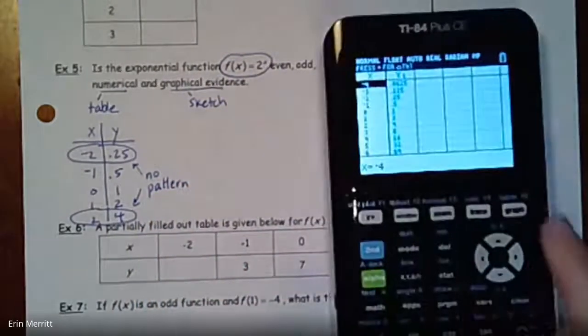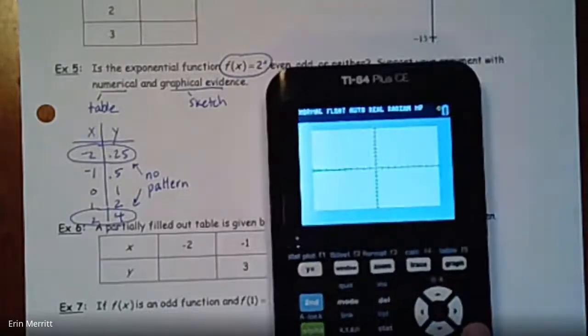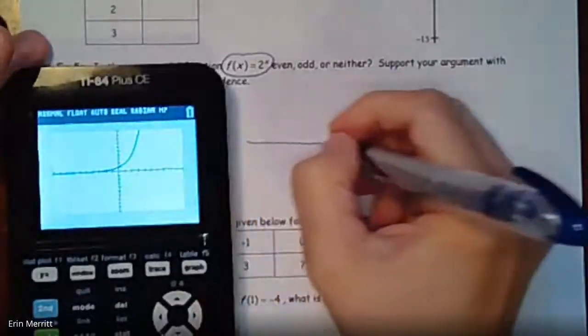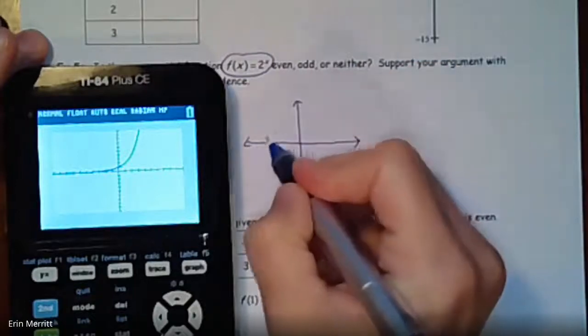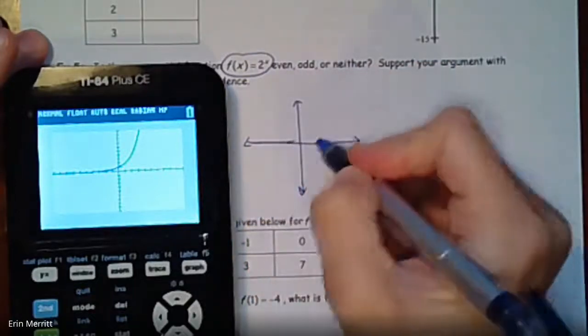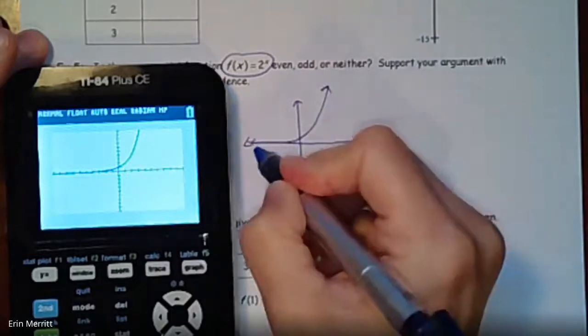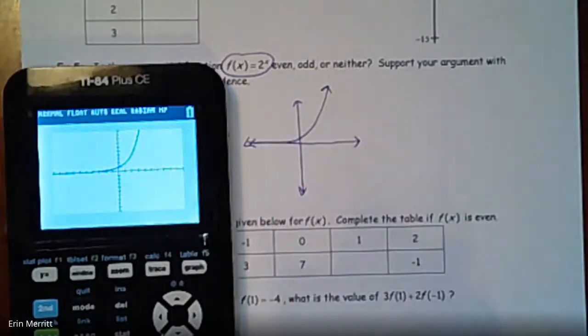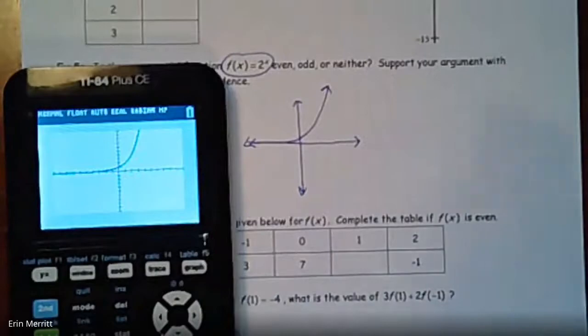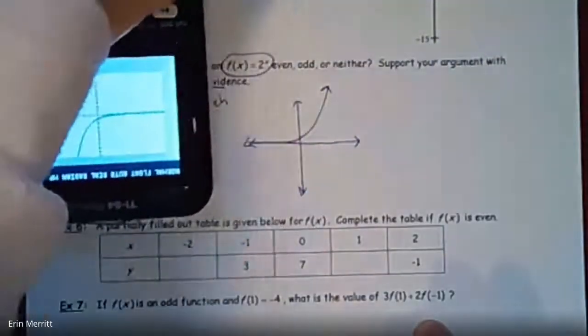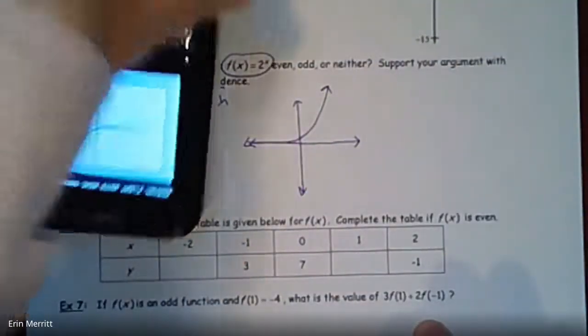If we look at it graphically, so I can hit graph so I can take a look at this guy. Our exponential function. We've talked a tiny bit about these, and I keep telling you we'll look at it later in the year, which is true. But it levels off right at the x-axis, and then it kind of shoots on up towards infinity. So the two types of symmetry that you're looking for, y-axis symmetry, which would mean it flips over, not happening. And then in terms of origin symmetry, if I turn this thing upside down, it does not look like the same graph there. All right.